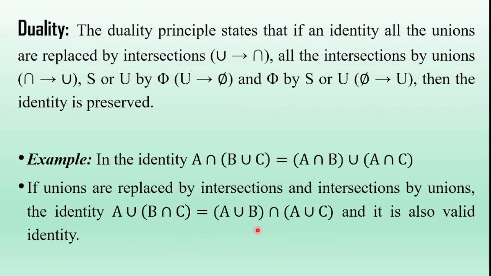So this condition is also satisfied. A union (B intersection C) is equal to the intersection of (A union B) and (A union C). So this is also a valid identity. And these are the set operations.